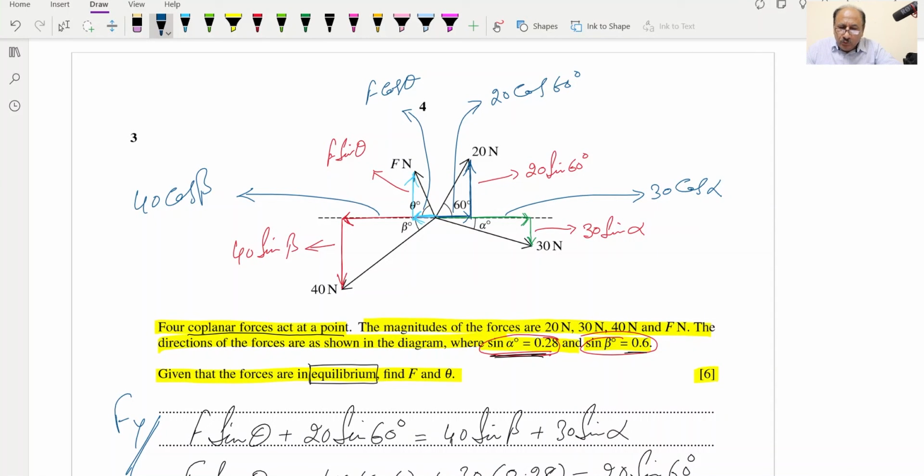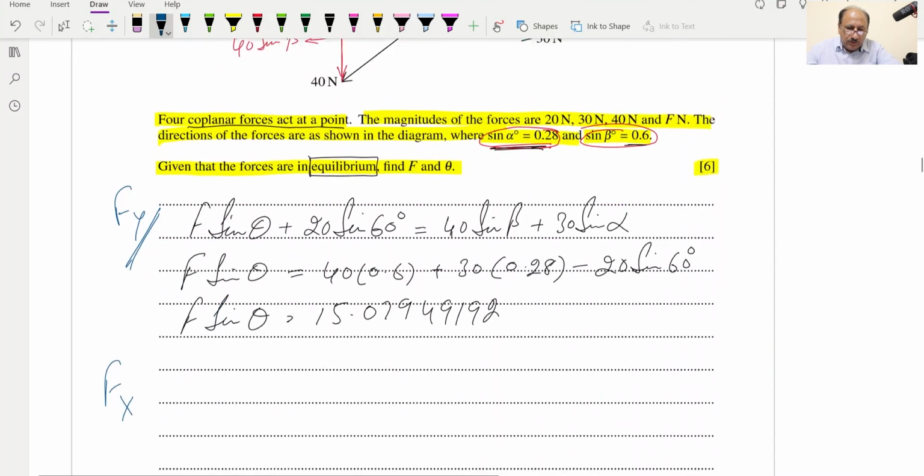Two forces are to the right direction, and F cos theta and 40 cos beta are to the left direction.